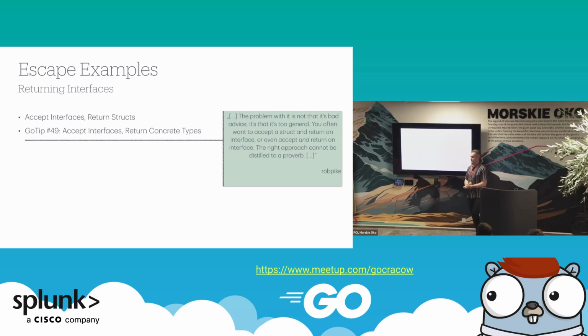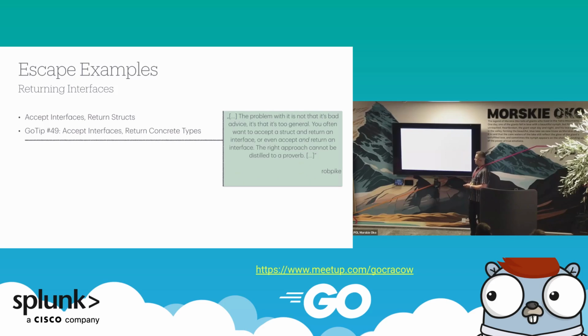Returning interface, I don't know if I'm the only one here, but I truly believed that there is a Go proverb, accept interface, return struct. The Google style guide mentions accepting interface, returning concrete types, but I found that Rob Pike is actually saying it cannot be distilled into a proverb, because there are multiple scenarios where you may want to accept interface and return an interface, or even accept struct and return interface.